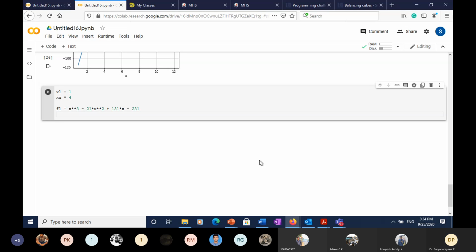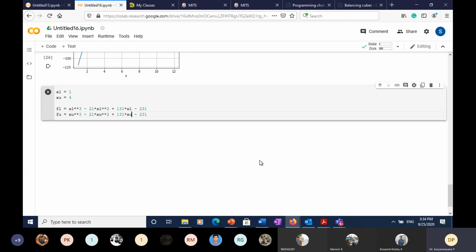Control V, and FU equals control B. Here I have to find the function value using the lower limit XL, and using the XU value I'm finding the function value there.